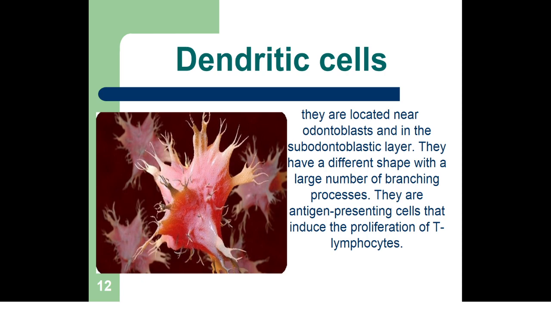Dendritic cells. They are located near odontoblasts and in the subodontoblastic layer. They have a different shape with a large number of branching processes. They are antigen-presenting cells that induce the proliferation of T lymphocytes.